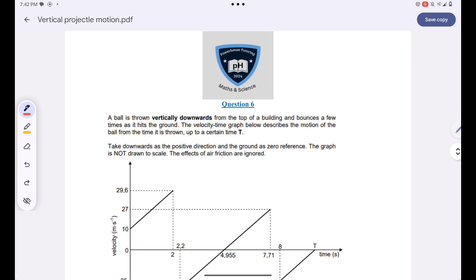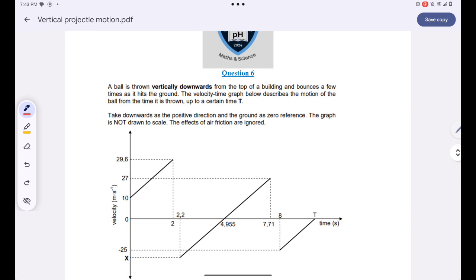If you can check here guys, by just analyzing this graph, this is the point of projection, whereby the ball is still at the top of the building, and then this is point B when the ball reaches the ground, and then point C when the ball leaves the ground after the first bounce. Are you together?